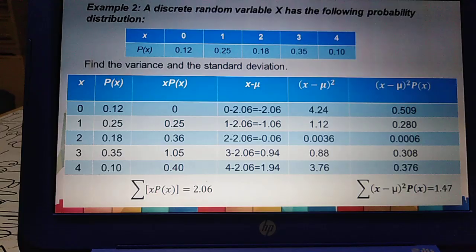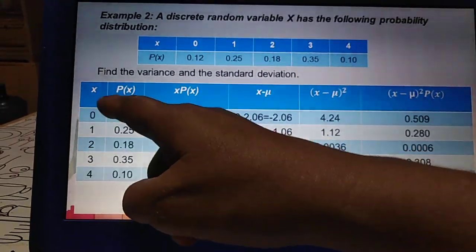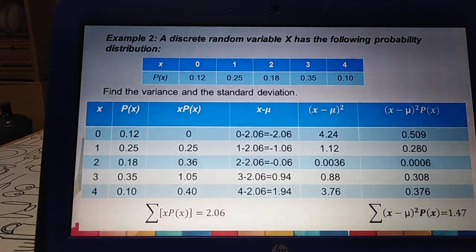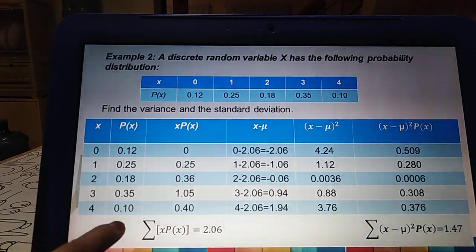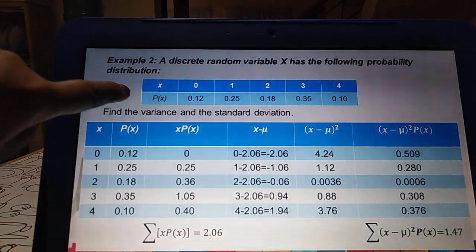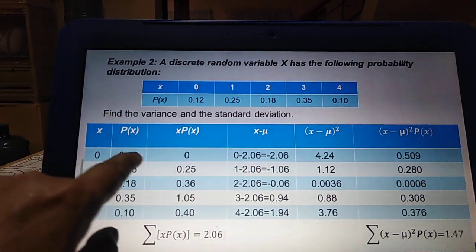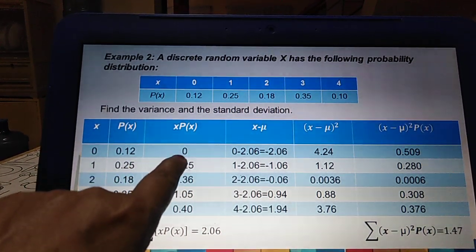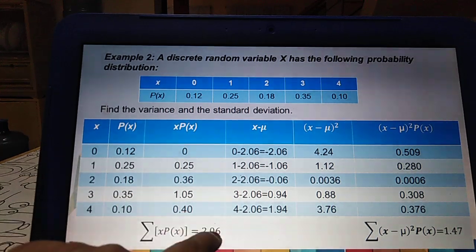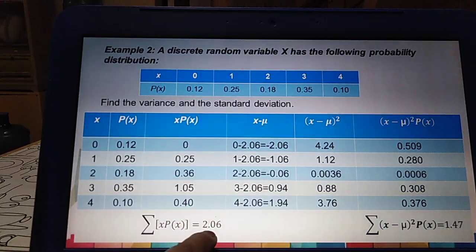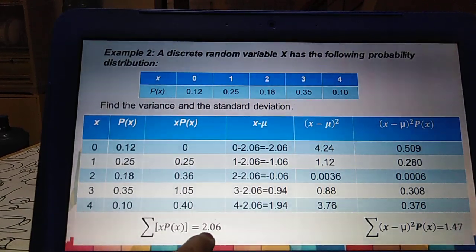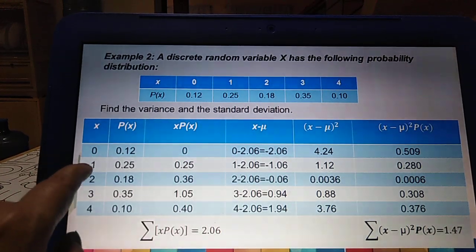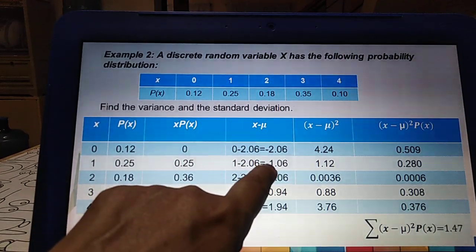So, let us repeat again. The first column is my random variable. The second column is my probability from here. My third column is the product of the two. 0 times 0.12 is 0. And then, from 0, I add all of this. I get the mean or the expected value. This expected value, we subtract from the random variable. So 1 minus 2.06 is negative 1.06.